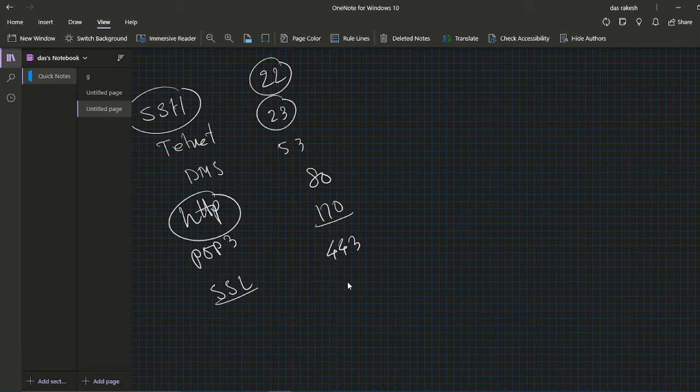For DHCP, Dynamic Host Configuration Protocol, the port number is 67 or 68 by default. So this is a fixed port address used for communication from one host computer to another host computer in computer networking.